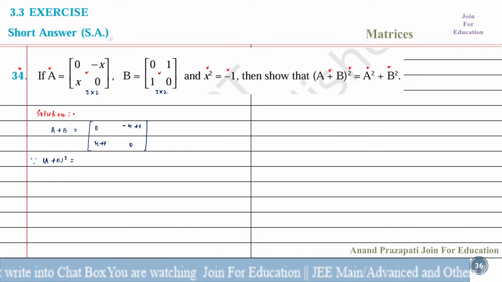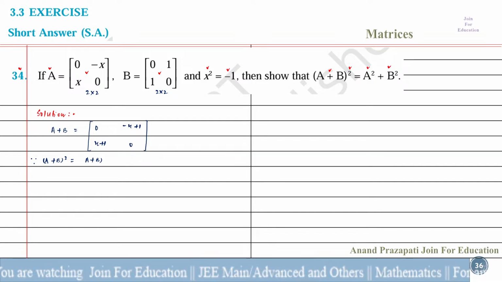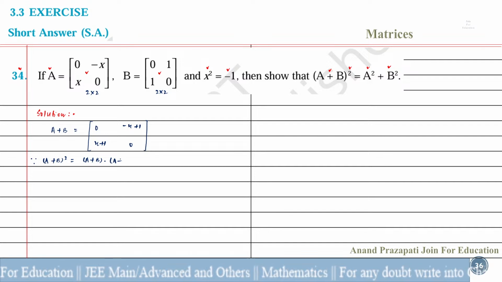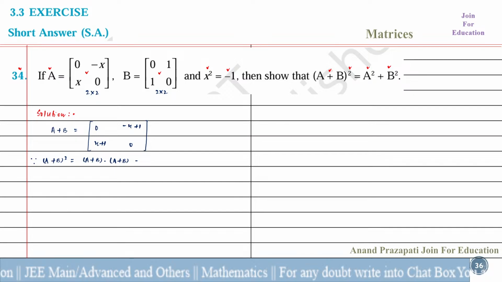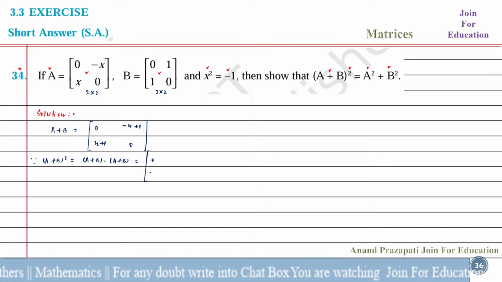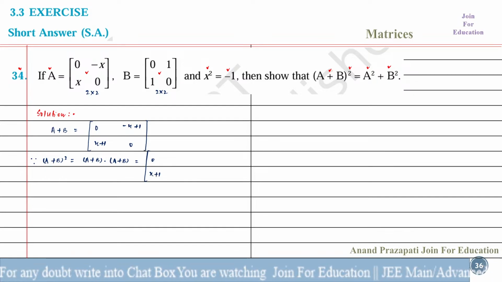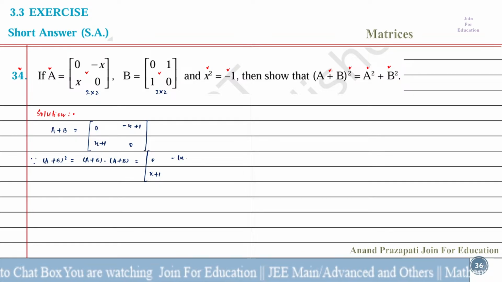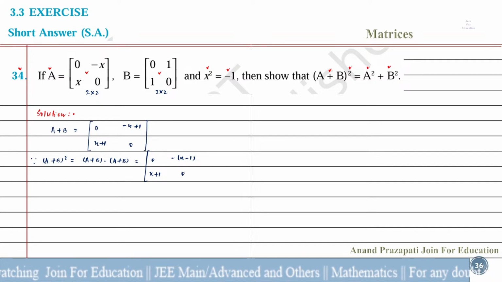equal to A plus B into A plus B. Therefore, this one will be 0, x plus 1, and here will be minus x minus 1, and this is the 0.